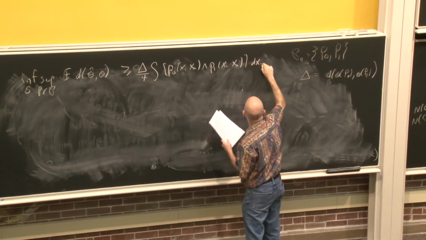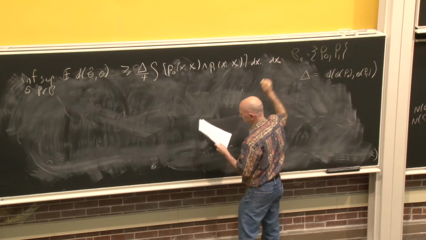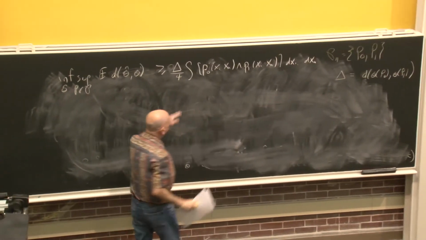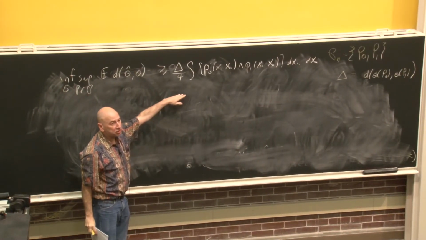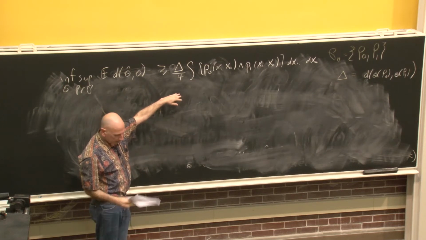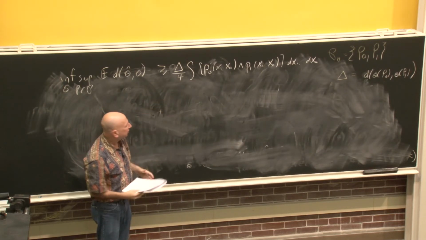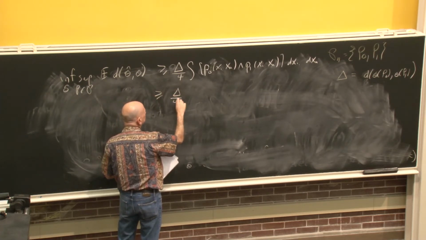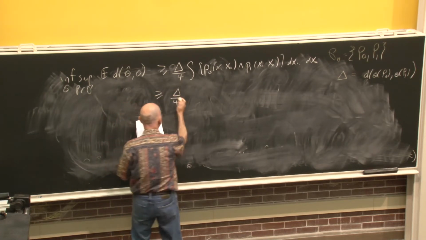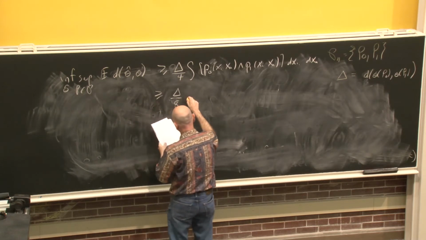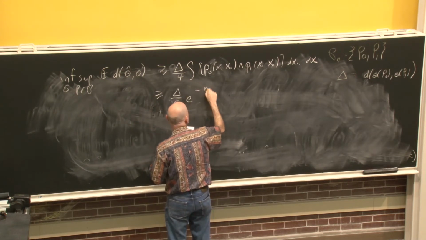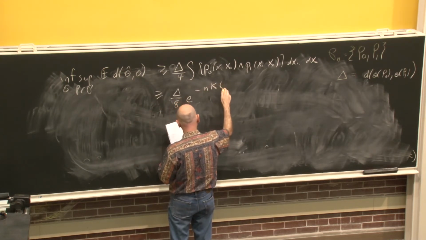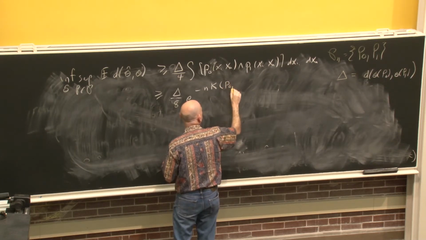This is a strange looking quantity. This is called the affinity between the two distributions, taking the minimum. But to make this a little bit clearer, I'm going to make a further lower bound. This is bigger than or equal to delta over 8 times e to the minus n times the Kullback-Leibler distance between P0 and P1.